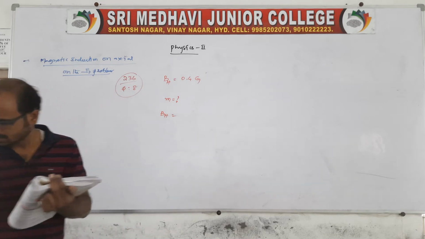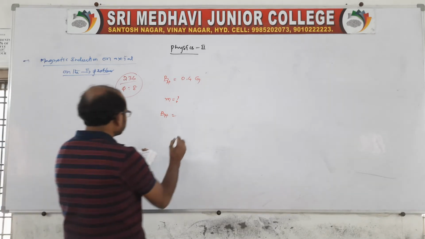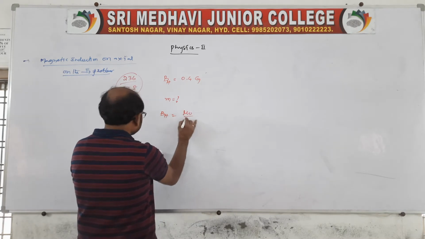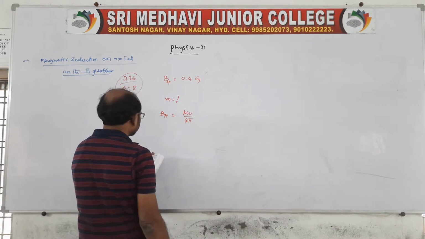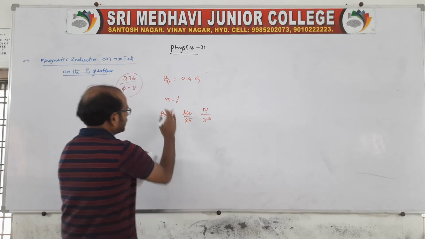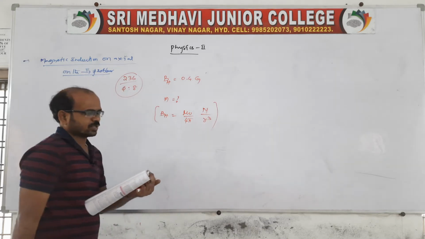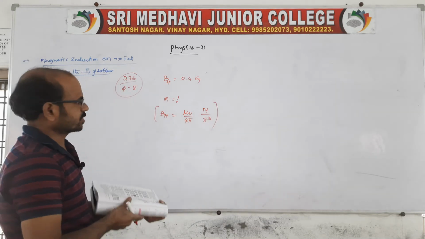We know the formula: BH is equal to mu naught by 4 pi into M by r cube. The dipole moment is asked, and it is related to the equatorial line. Okay, no problem, we'll do the equatorial line in the next class.